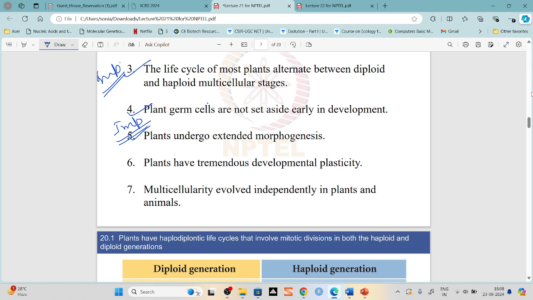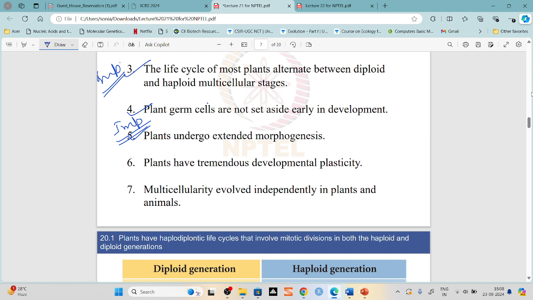Whatever organs are formed when the child is born, those organs are only there. There is no new organ formation. For example, if you're born with 5 fingers, you'll have 5 fingers.